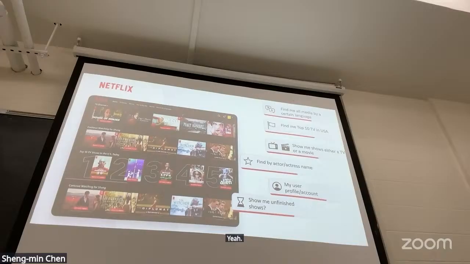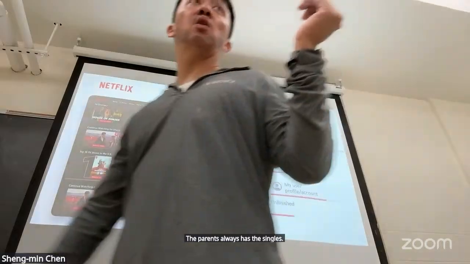Get it? Now finish the one-to-many relationship. Where's one? Where's many? One media type, many media. The parent always has the single. The child always has many.